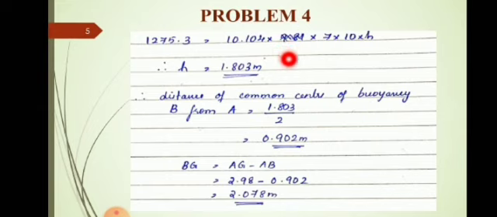Even I had done it by mistake by multiplying with 9.81, so don't make that mistake, because what is given is the weight density. If you are given the mass density, then you have to multiply it with 9.81. Here you are directly given the weight density.